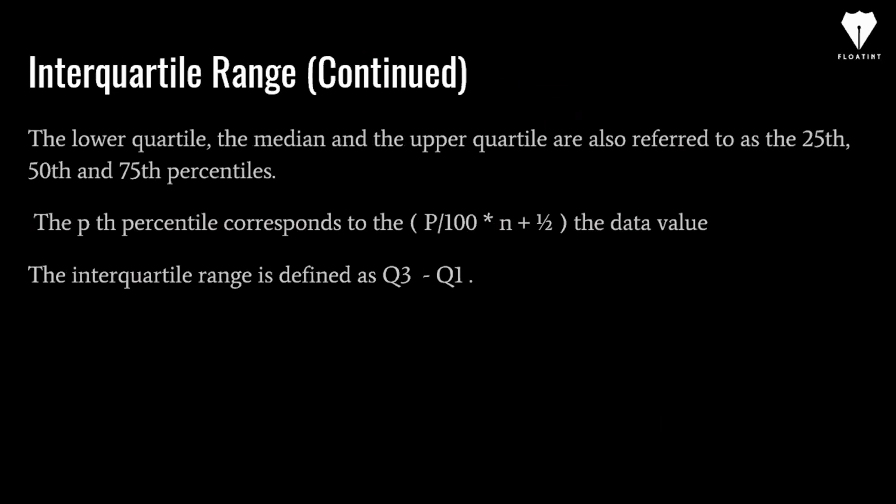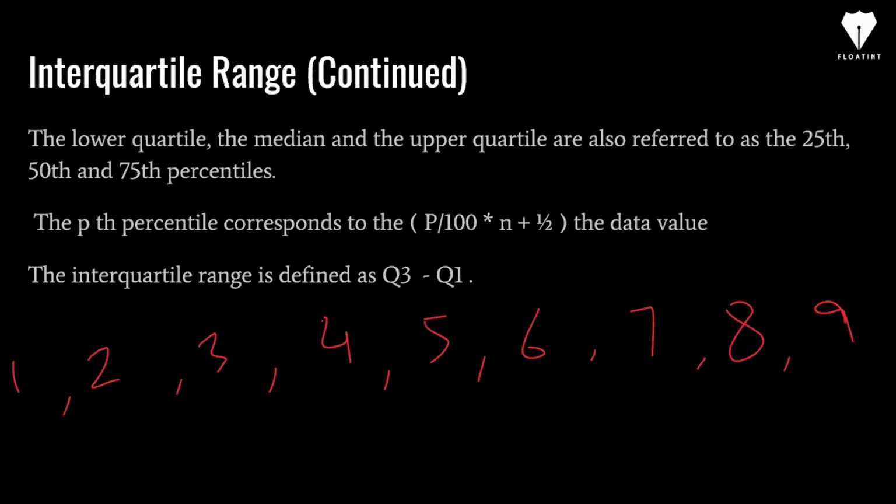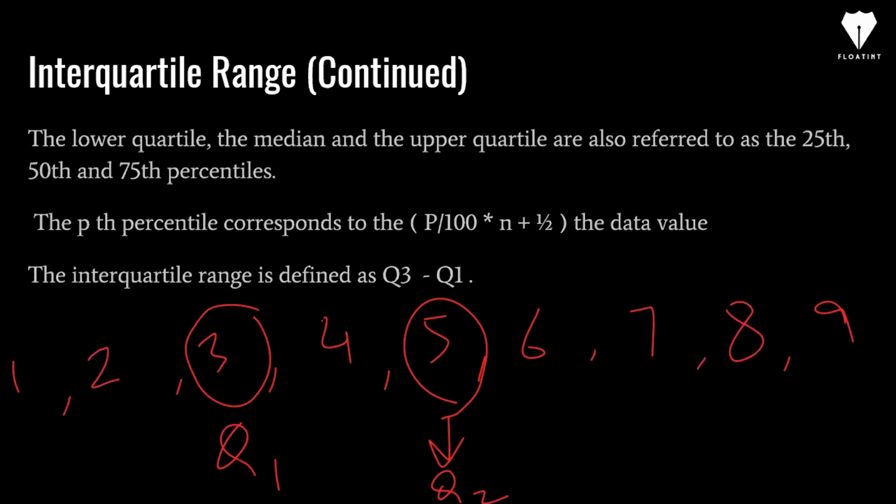So let's say you have a very simple data set. Okay, you have this data set. So your median is this value. This is nothing but Q2. Okay. Now for Q1, it will be this part, and for Q3, it will be this part, right?